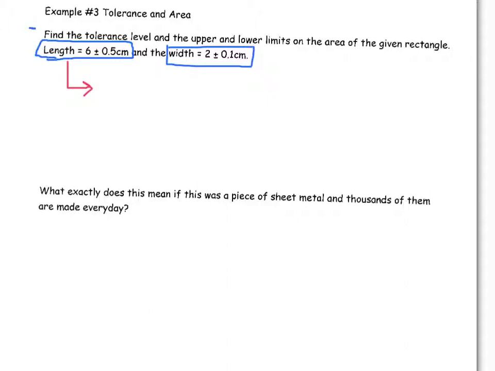The length that's acceptable for us, we will tolerate 6 minus 0.5, that's 5.5 centimeters, to 6 plus 0.5, that's 6.5 centimeters. So the length could be anywhere from 5.5 to 6.5 centimeters.